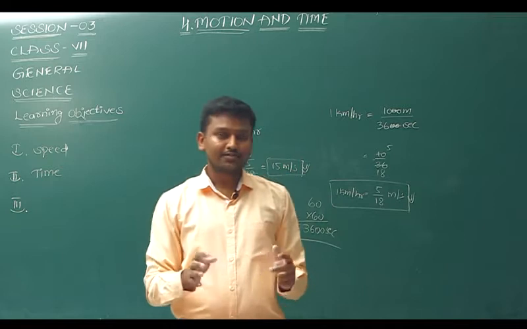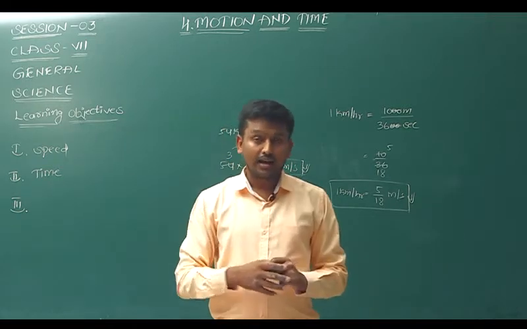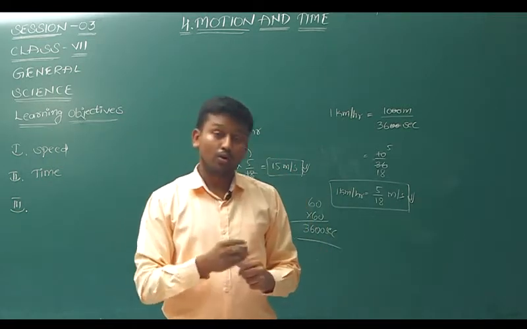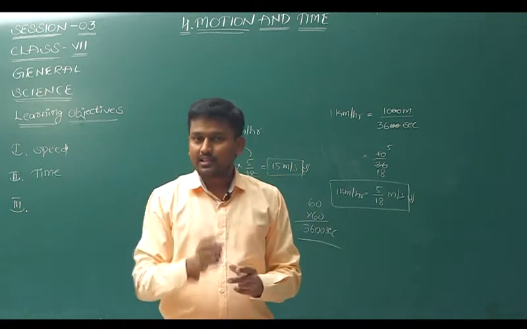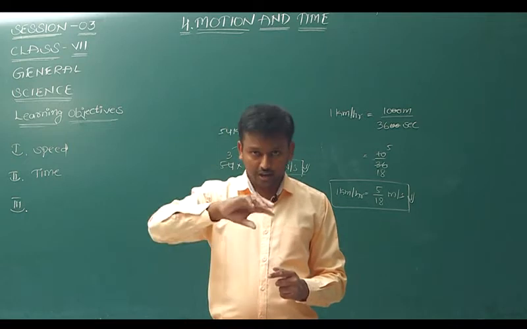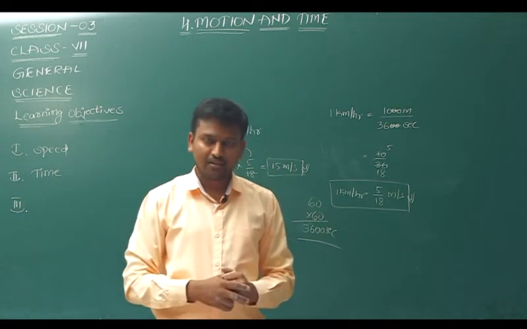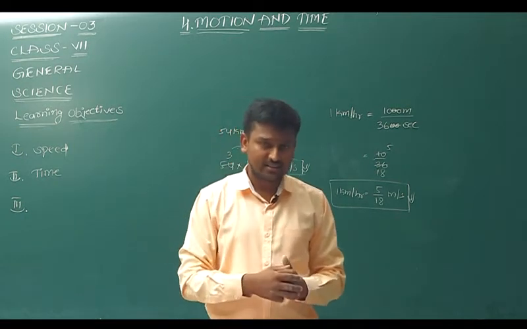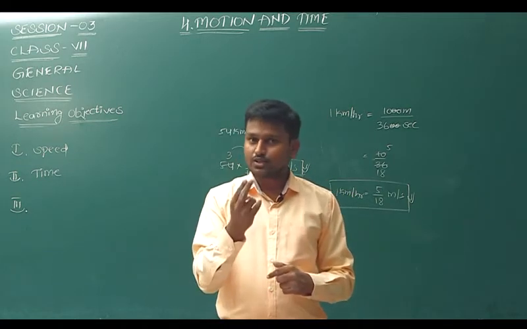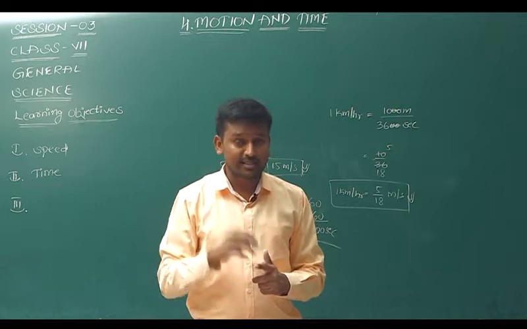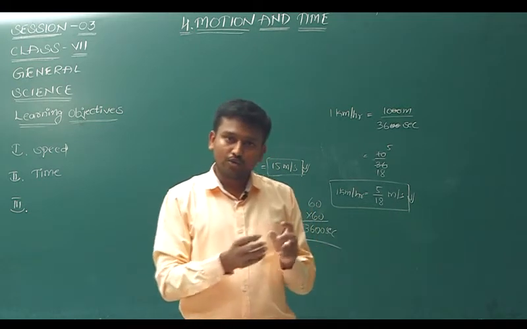Okay. We have seen what is speed, what are the units of speed, and how to convert kilometer per hour into meter per second. And now, I think you may have seen a speedometer in your bike or any vehicle, car, bike. Yes, speedometer and odometer, these are two devices that are present in bikes and cars. And what do they do?